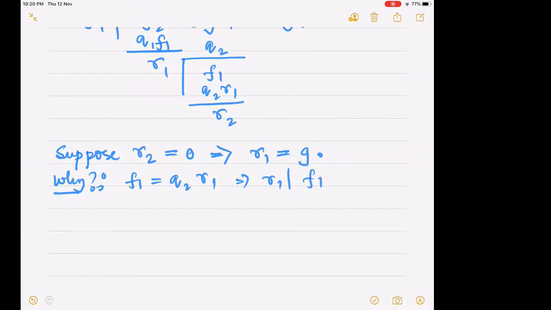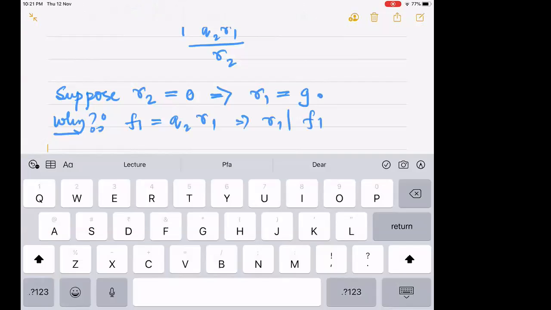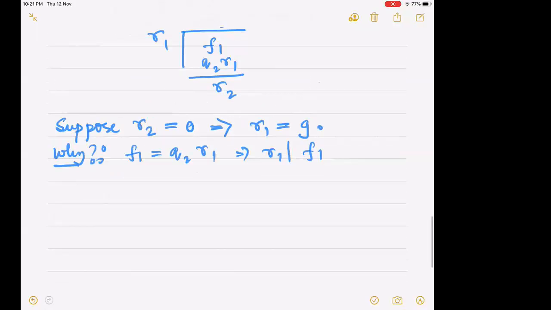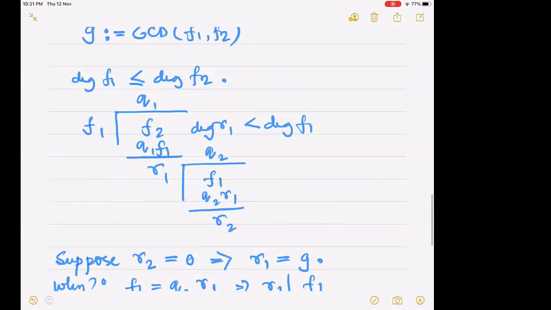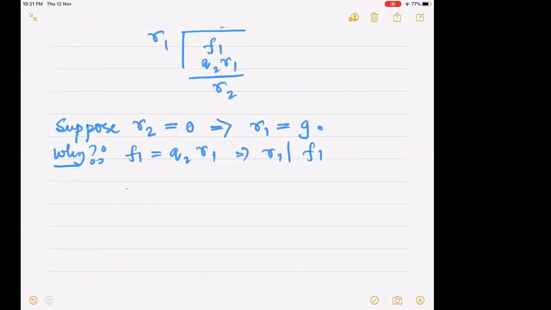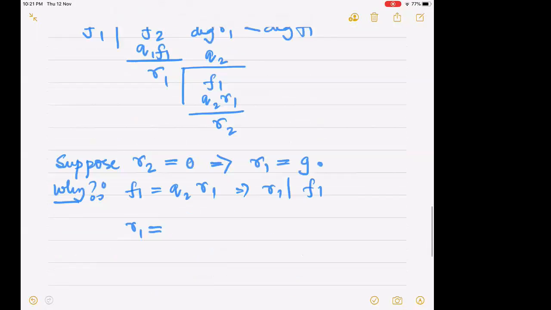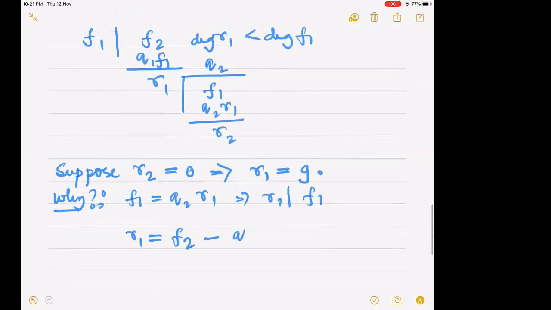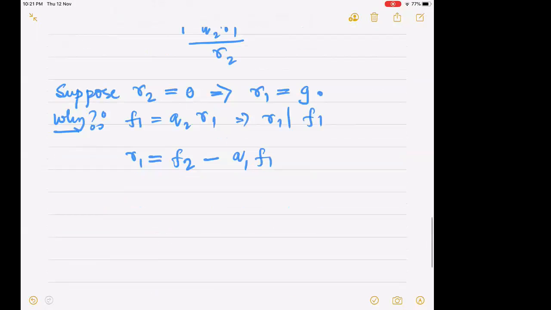On the other hand, what is R1? R1 also is equal to F2 minus Q1 F1, right? Which means F2 is equal to Q1 F1 plus R1.